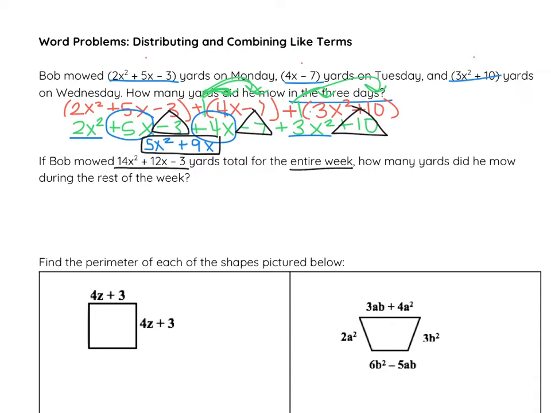So the next piece says if Bob mowed 14x squared plus 12x minus 3 yards total for the entire week, remember up here they just told us Monday, Tuesday, and Wednesday, how many yards did he mow for the rest of the week?